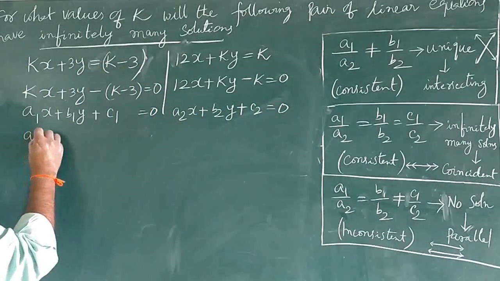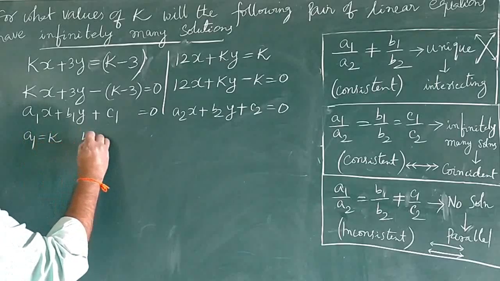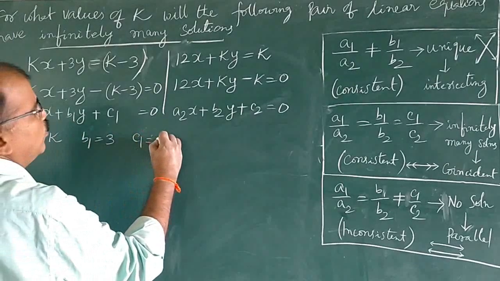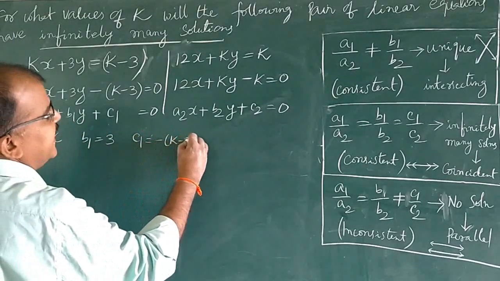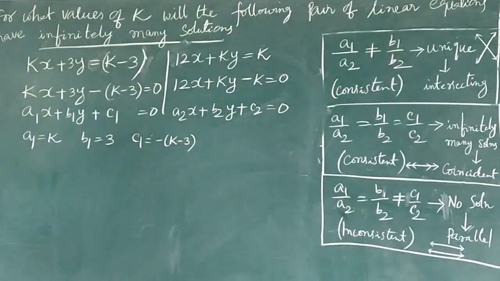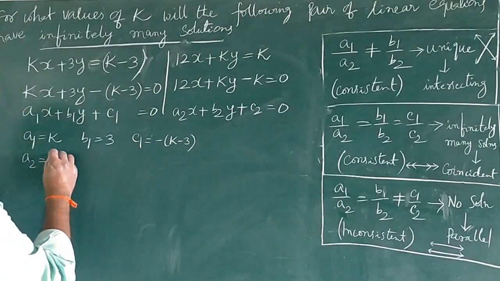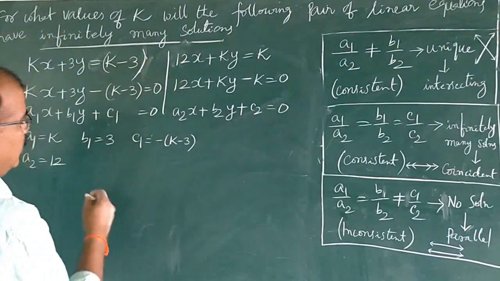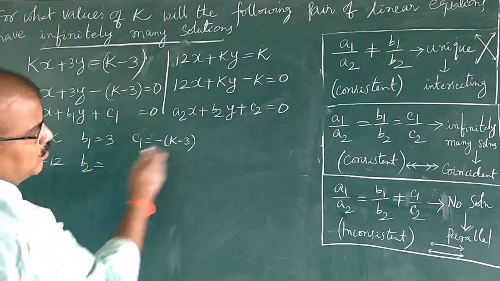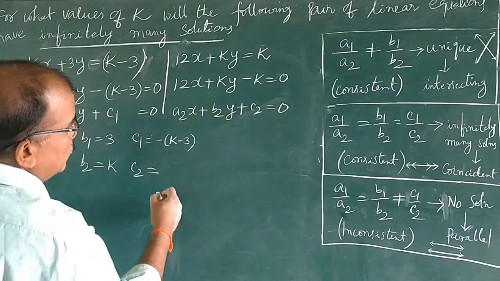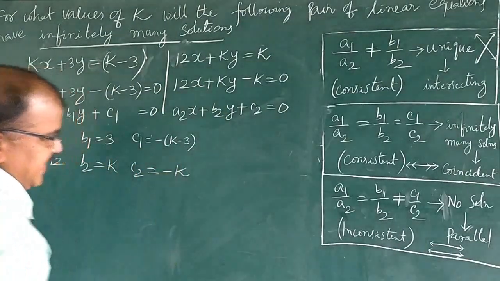Now a1 is equal to k, b1 is equal to 3, c1 is equal to minus k minus 3. a2 is equal to 12, b2 is equal to k, c2 is equal to minus 3.